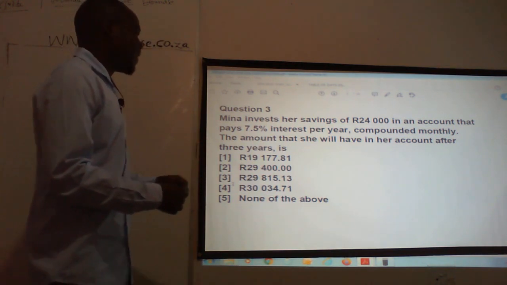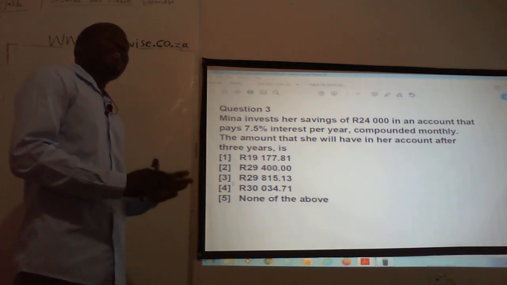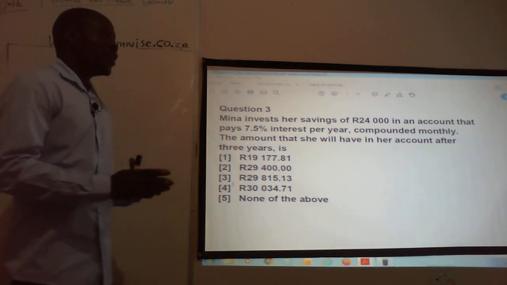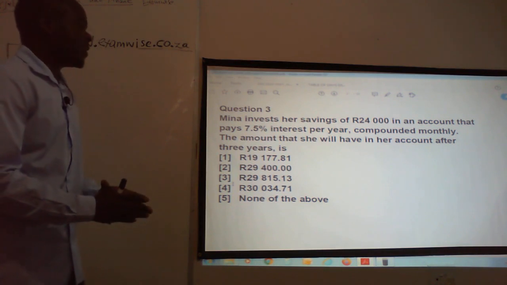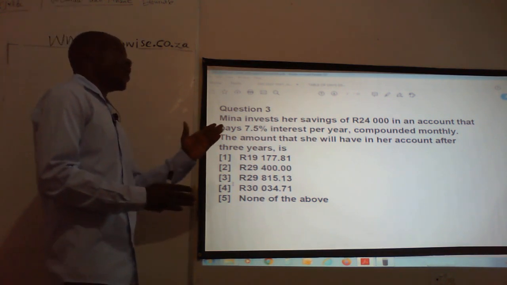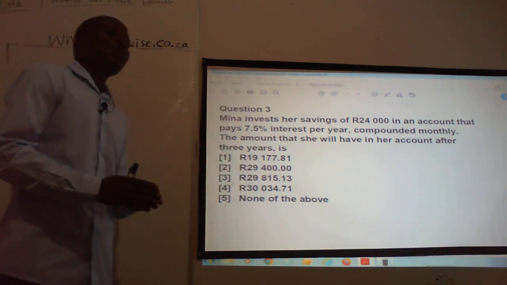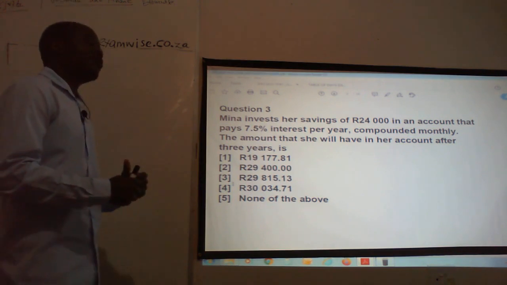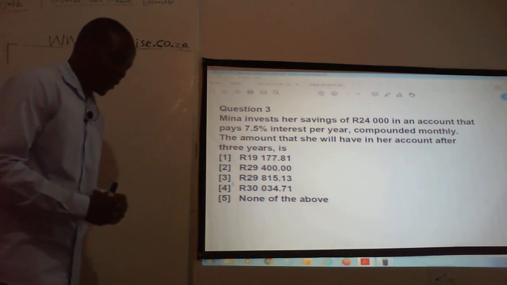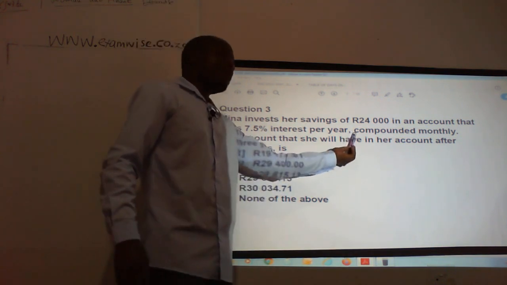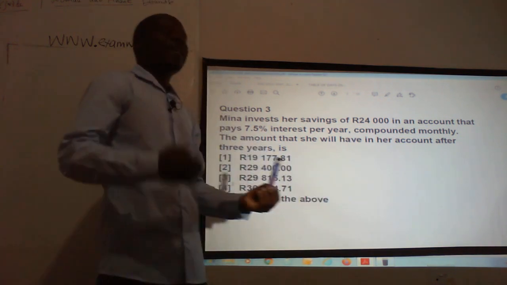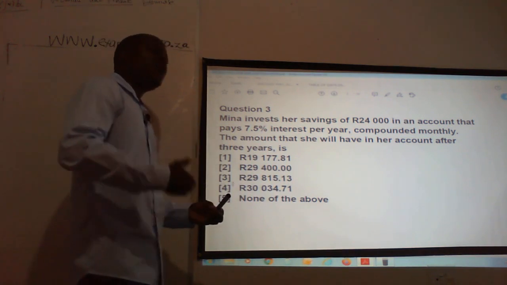In this case, you can see that they never mentioned anything to do with simple interest. They never mentioned anything to do with simple discount. So how are we going to calculate the future value? In this case, they indicated that it is compounded.